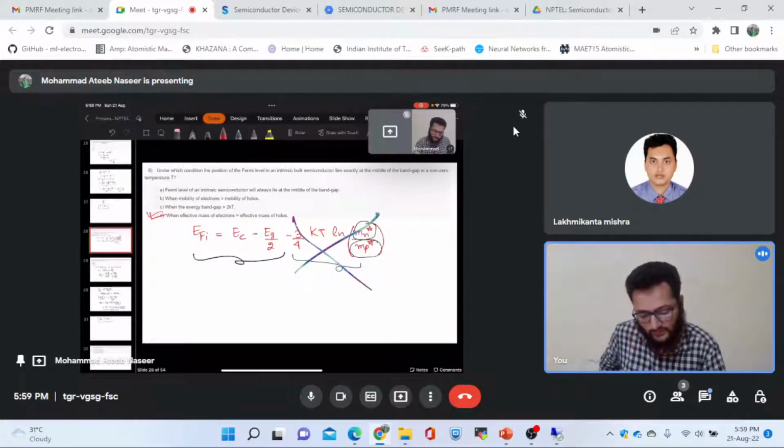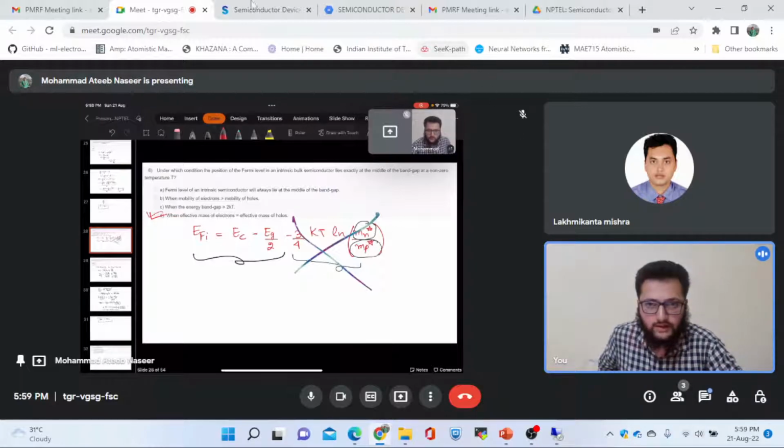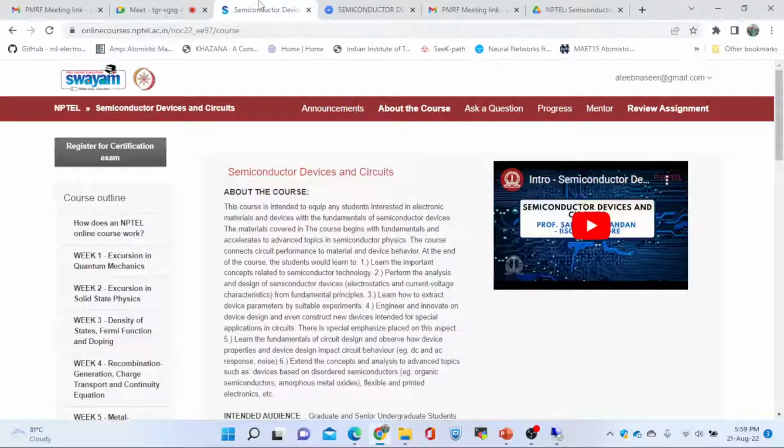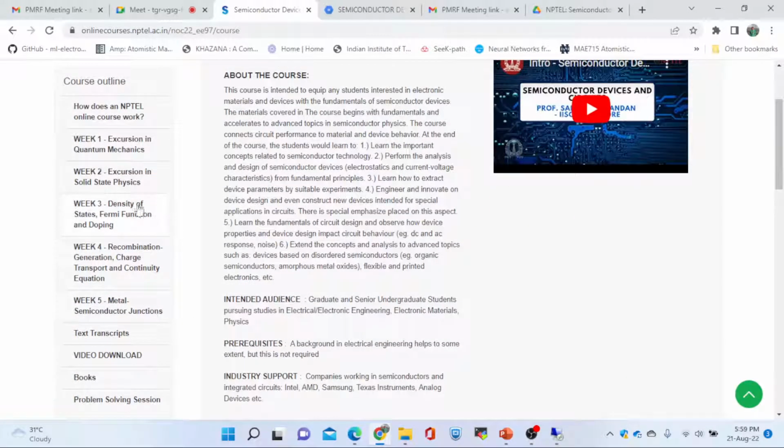So basically, this is a simple relation which you can find in the lecture notes itself. Let me show that. If we look in the lecture notes, let us see the lecture notes.